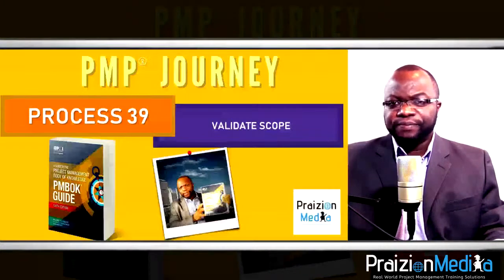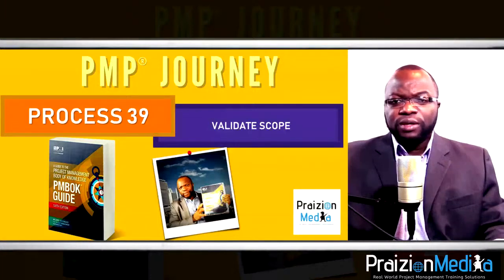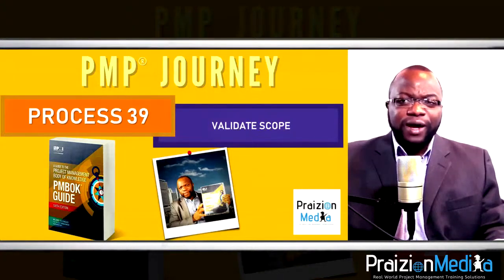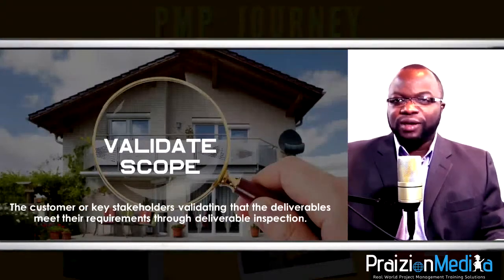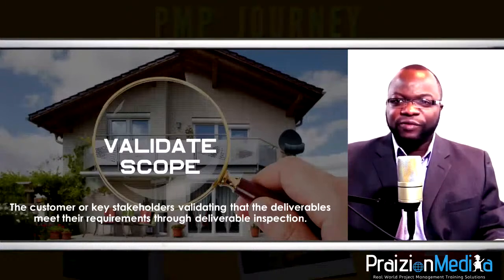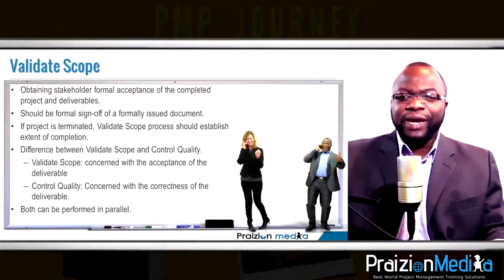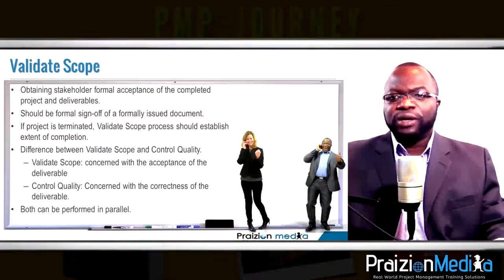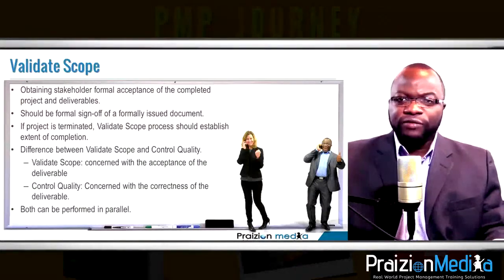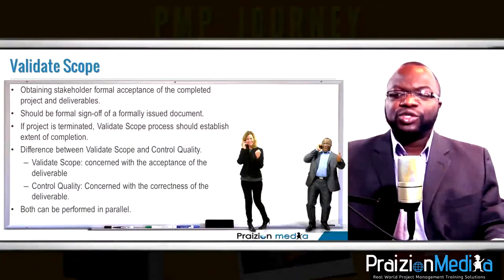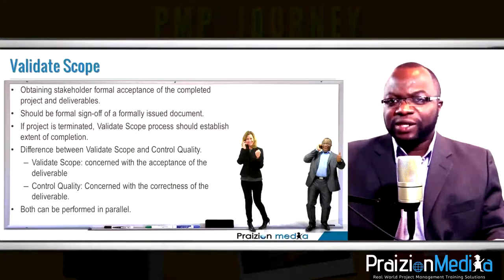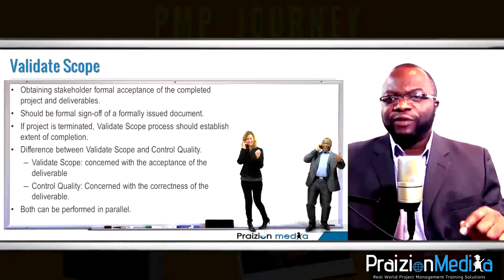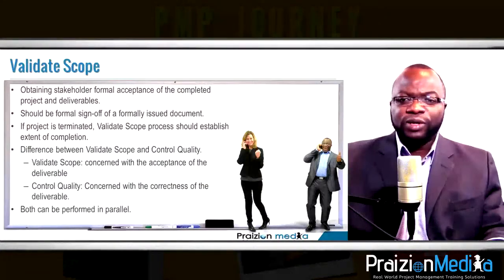Process 39, validate scope. In validate scope, the customer, this is customer focused because the customer is the main actor. This is where the customer inspects the deliverable that has been sent, or should we say the verified deliverable that has been found to be fit for use by the performing organization.